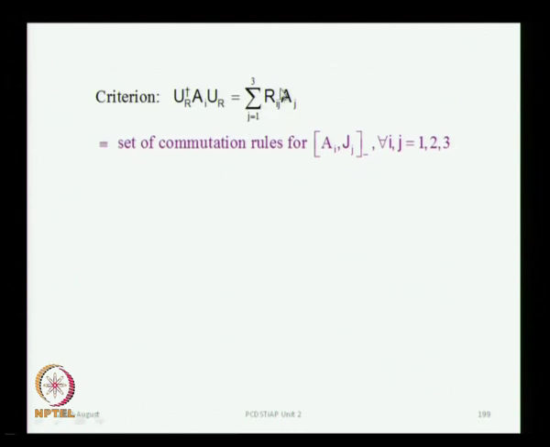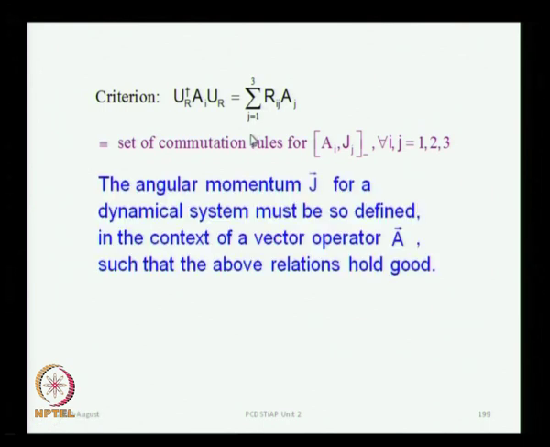So, let us refer to this criterion over here, and it is important to remember that this criterion is extremely important, that would determine how the angular momentum is appropriately defined.